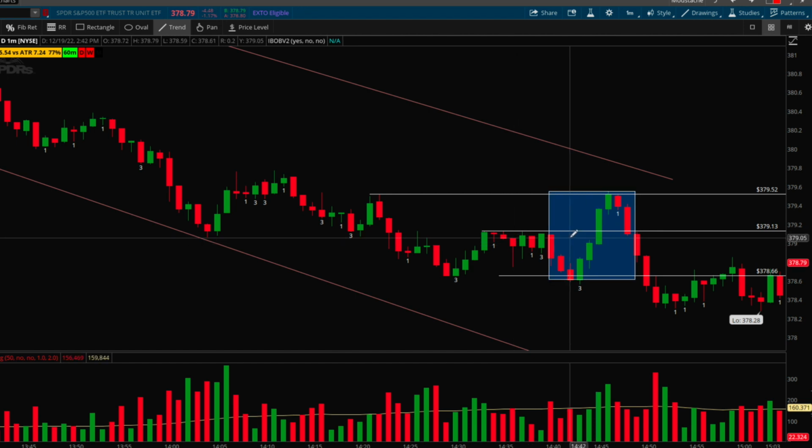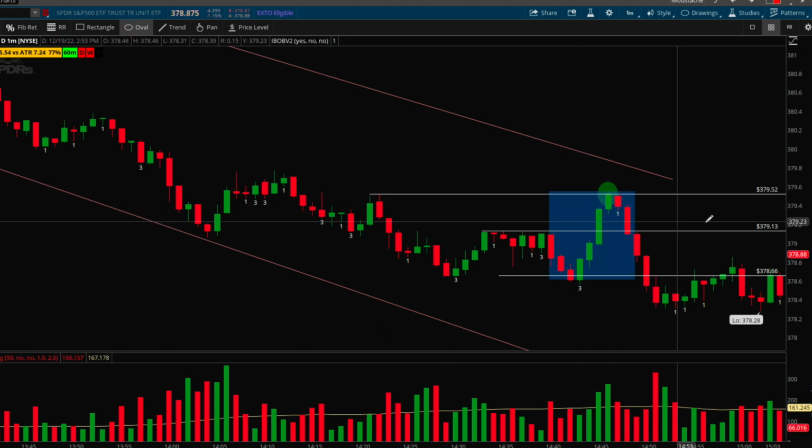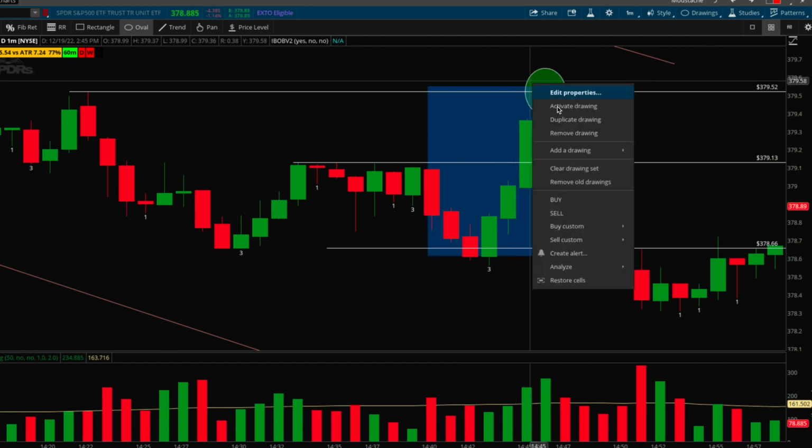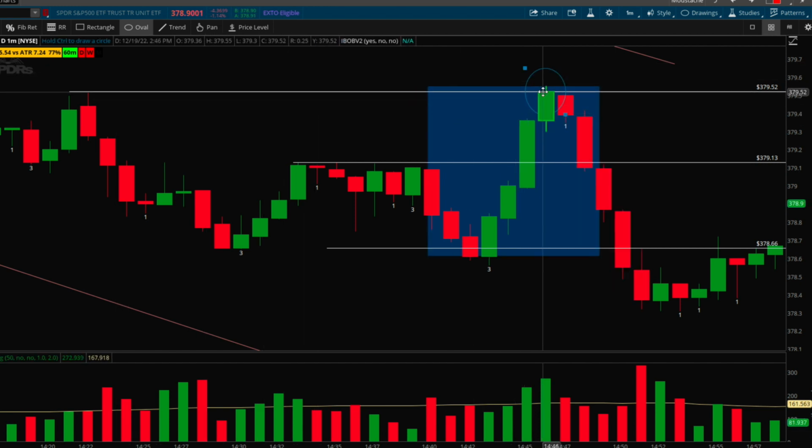We wait for this high to break, and maybe even this one's a good one too. That's why I marked it. You can see even ever so slightly broke above, tiny little wick, but buyers are still getting trapped there, right? And sellers are getting in. So what do we have right there? Right at that high? An inside bar.